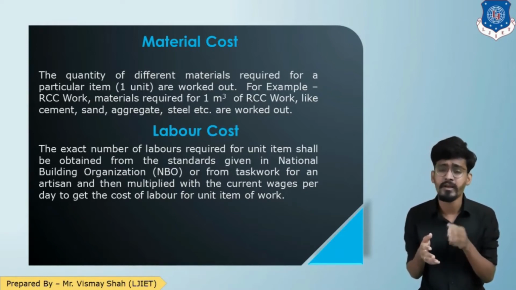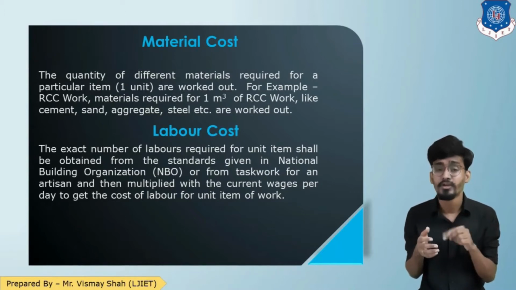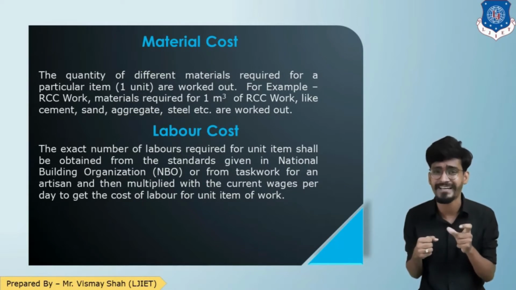For example, in 1 cubic meter, if 10 bags of cement are being used and the rate of cement is 300 rupees, you can say that the total cost of the cement used in 1 cubic meter of RCC is 3000 rupees, similarly 5000 rupees of steel and 10,000 rupees of sand, and so you can have the 1 cubic meter cost of materials. So that is what is first required in rate analysis, material cost.